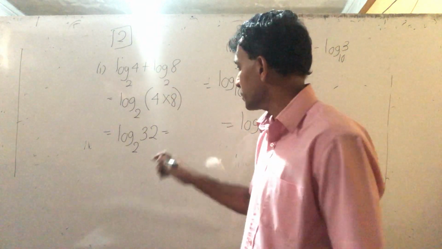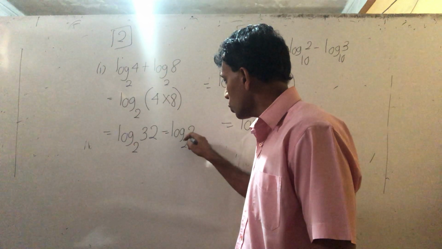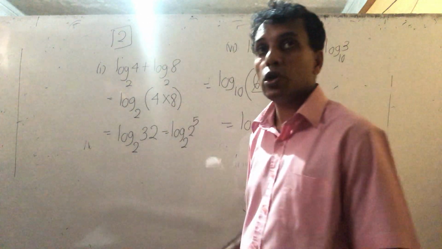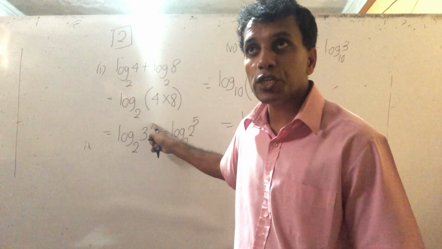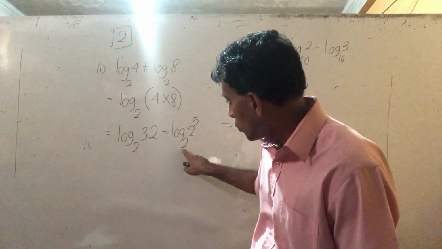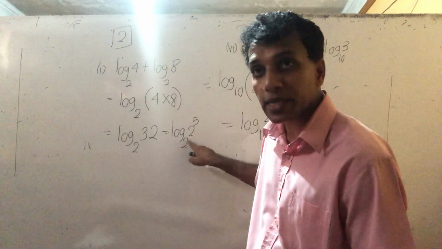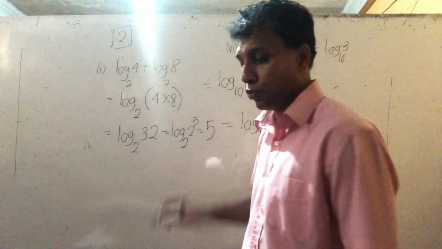Multiply 2 and see. Logarithm base 2, 2 to the power 5. So logarithm 32 to the base 2. There's a value here. If both are the same, the power is the answer. The answer is 5, right?